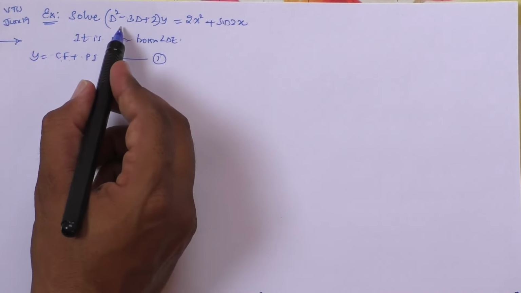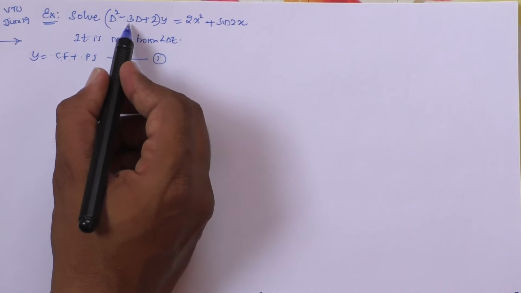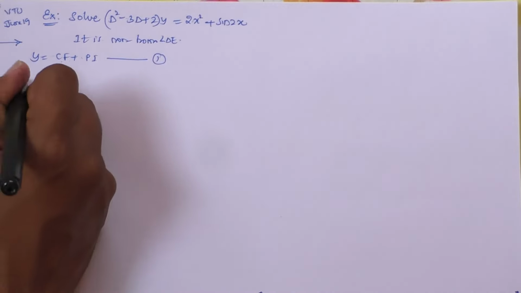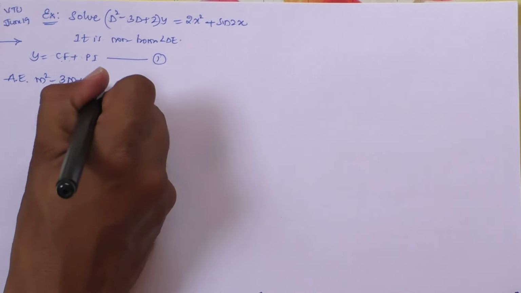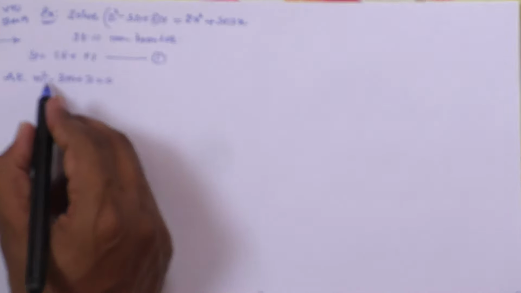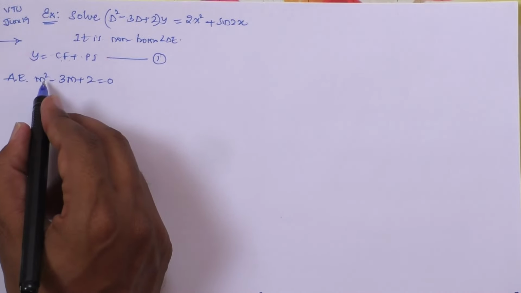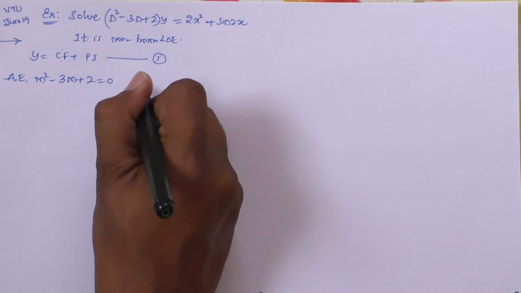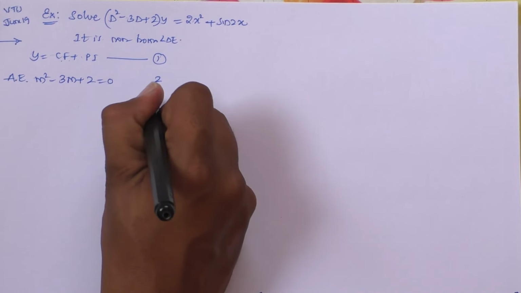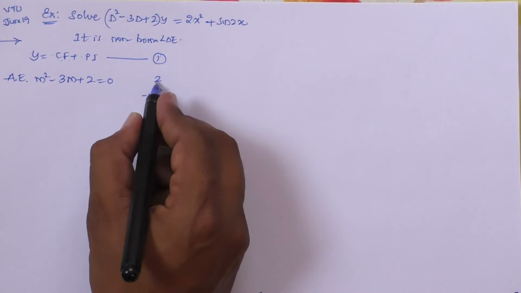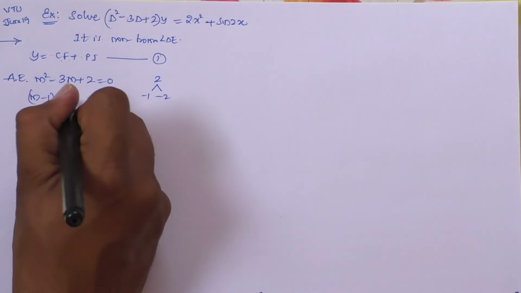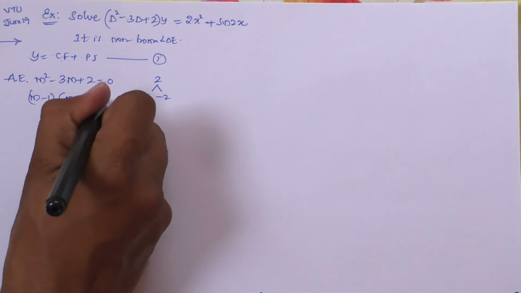For CF refer to the LHS, which is d square minus 3d plus 2, where we replace d by m, so we get the auxiliary equation, that is m square minus 3m plus 2 equal to 0. So now it is a quadratic equation. Find the solution of this, or find the m values. So 2 can be factorized as minus 1 and minus 2, whose product is 2 and sum is minus 3, so it can be written as m minus 1 into m minus 2 equal to 0.